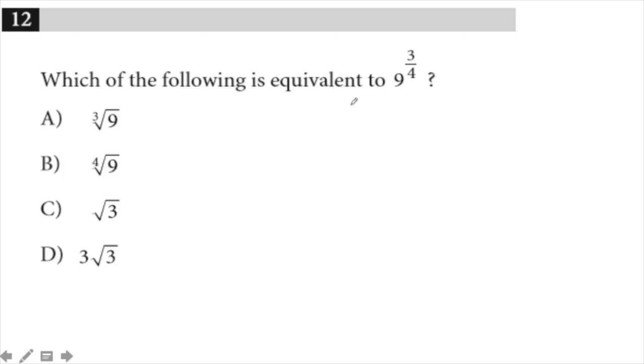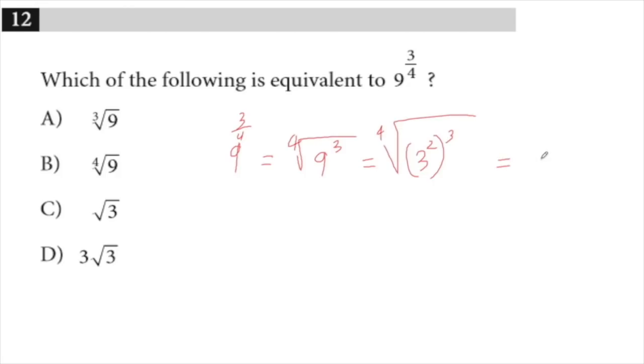Which of the following is equivalent to 9 to the power 3 over 4? This is the power rule. It is just like the fourth root of 9 cubed. 9 means 3 squared, so outside is 3 one more time. Here is 4, so you have 3 to the 6, and the fourth root outside.